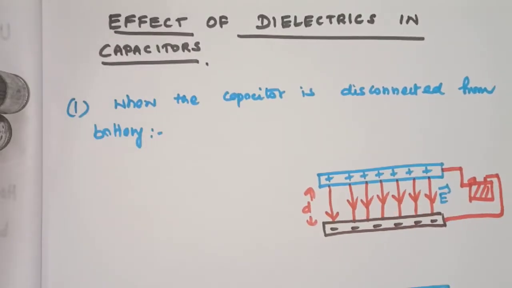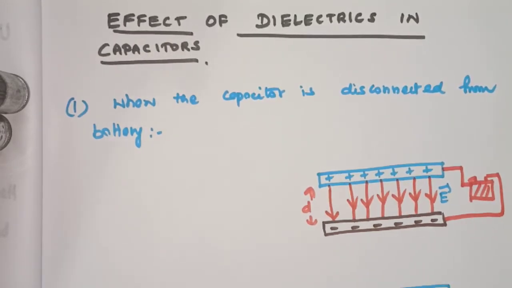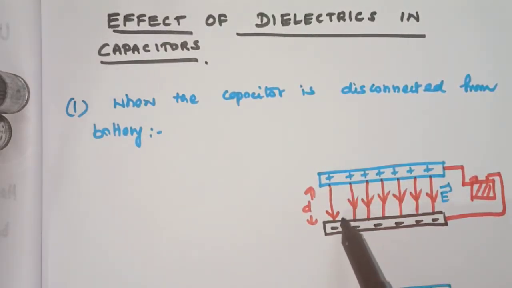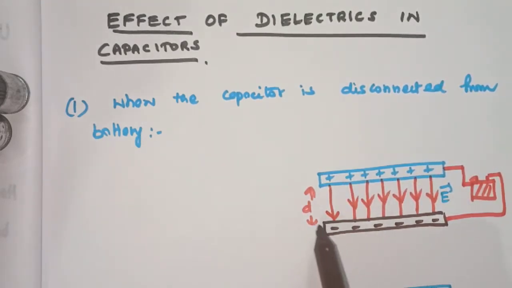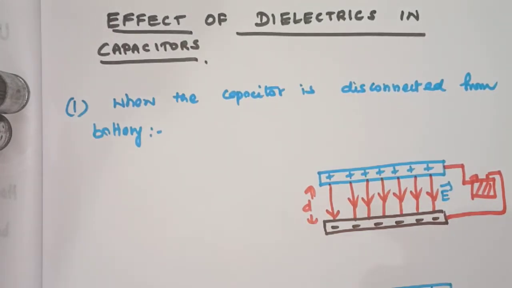Next we are going to see effect of dielectrics in capacitors. When the capacitor is disconnected from the battery, okay, consider a capacitor with two parallel plates. See these two parallel plates having area of cross section A and separated by a distance D. The capacitor is charged by battery. So see, this is battery, this voltage is V0 and the charge stored in the capacitor is Q0.